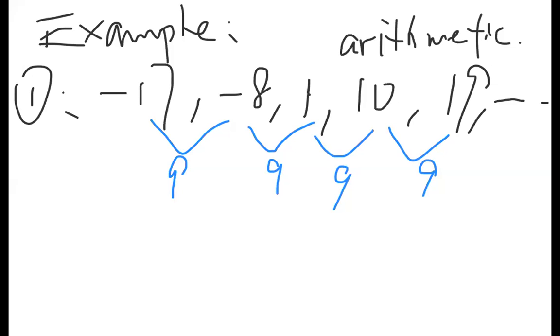Okay. So how do we write down the general term for it? Right. So you have the starting term, -17, and we call it A0. Right. We start with A0. And for the nth term, for An, that means you have n plus 1 terms, right? Because you start from 0. And how many differences does it go through?